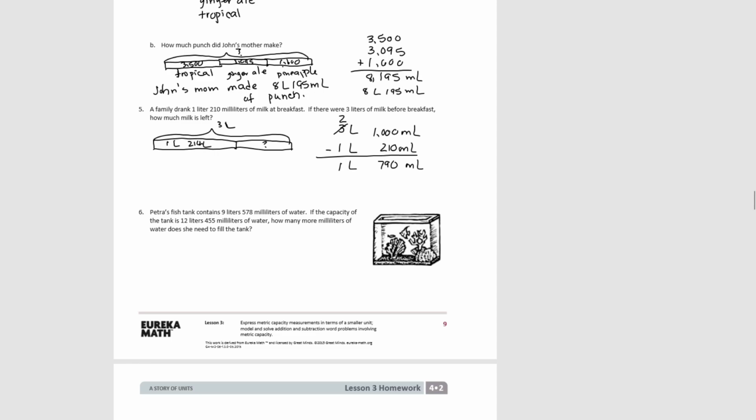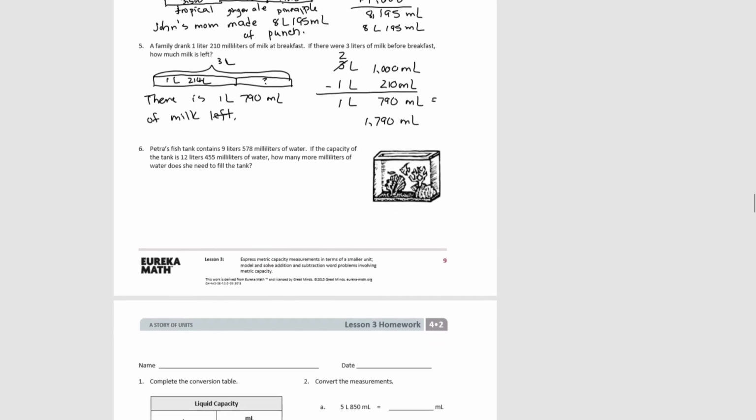So we'd have 1 liter, 790 milliliters, which is also equal to 1,790 milliliters. So there is 1 liter, 790 milliliters of milk left. Okay, pause the video and try number 6.